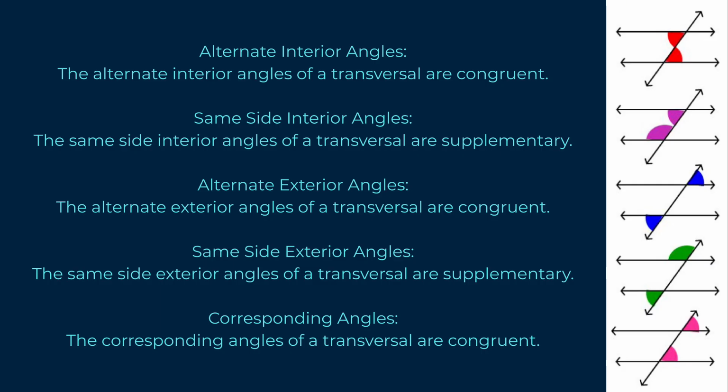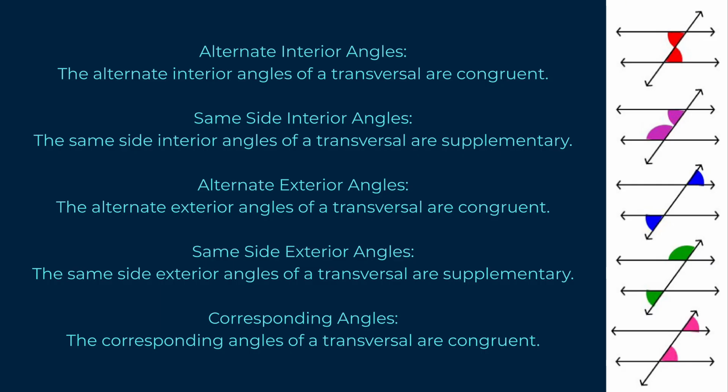Some people do abbreviate them, such as alternate interior angles as AIA, same side interior angles as SSIA, and so on and so forth.